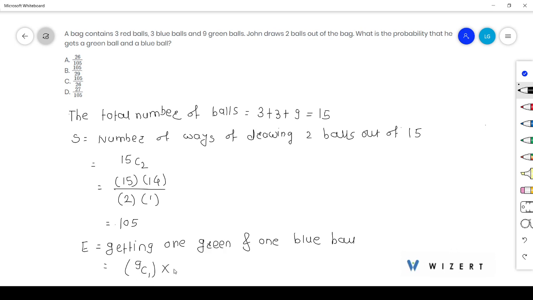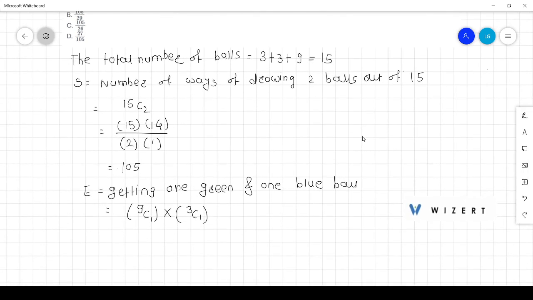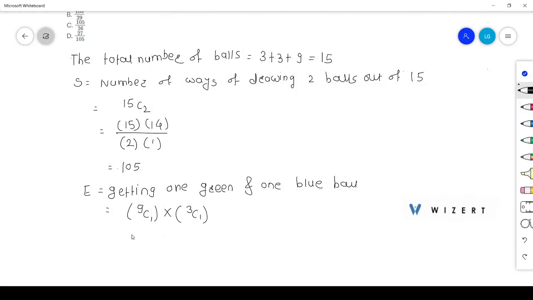Okay, and out of 3 blue balls we have to select 1, and we can select this in 3C1 ways. So NC1 is N. So it is 9 into 3 means 27.